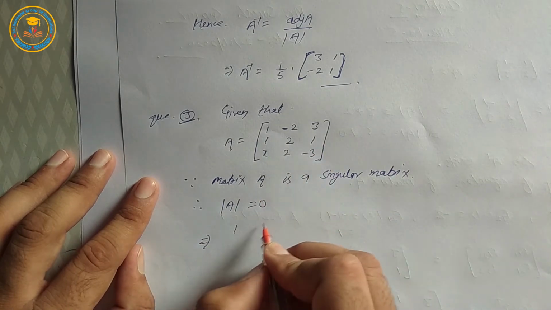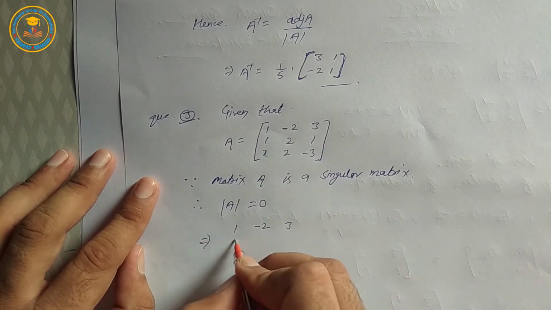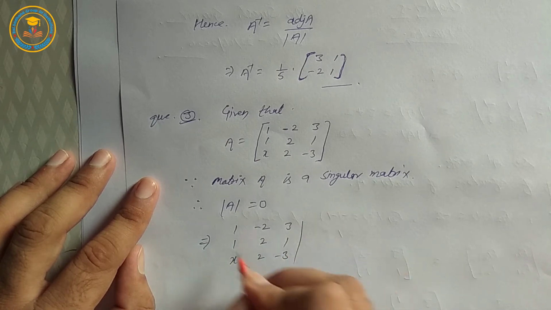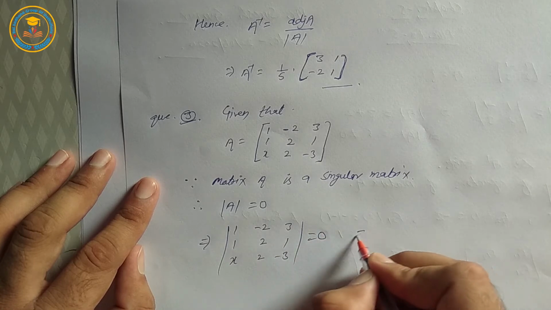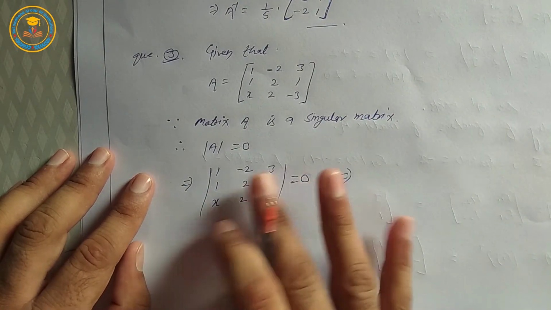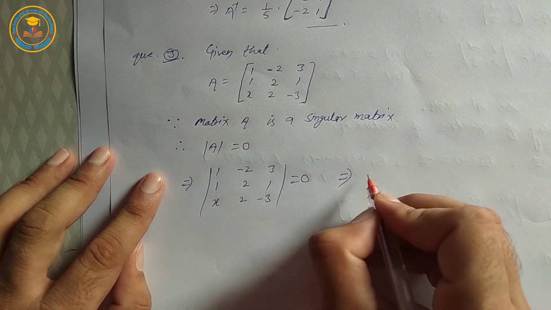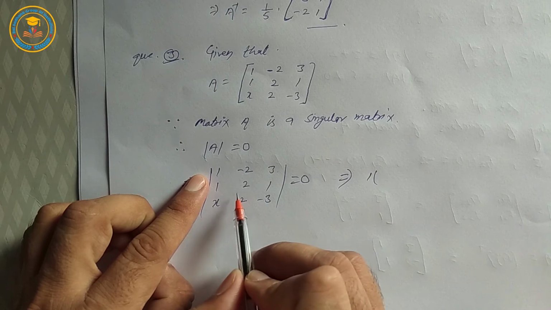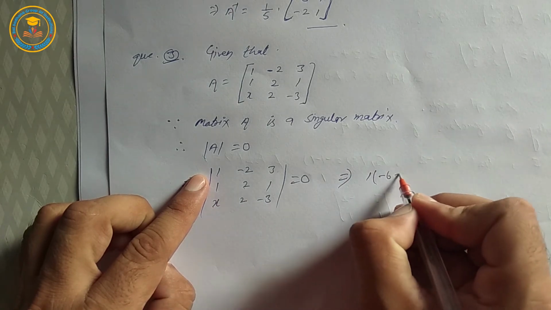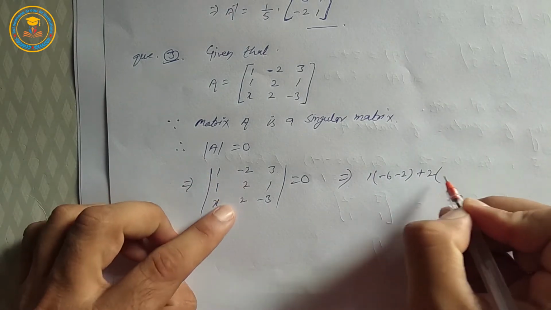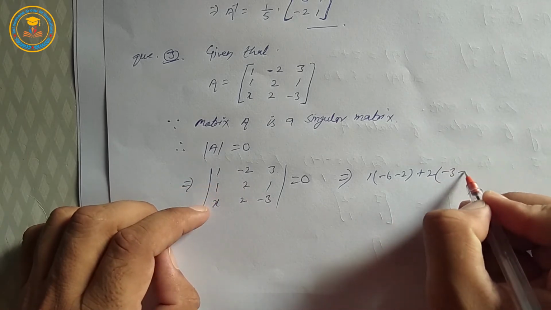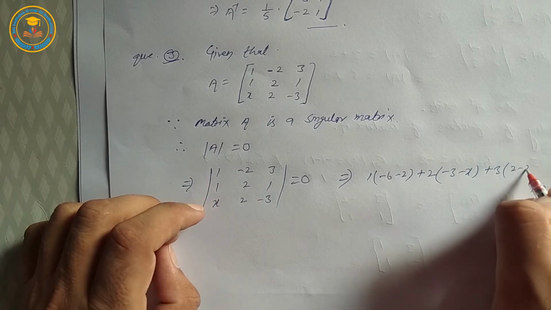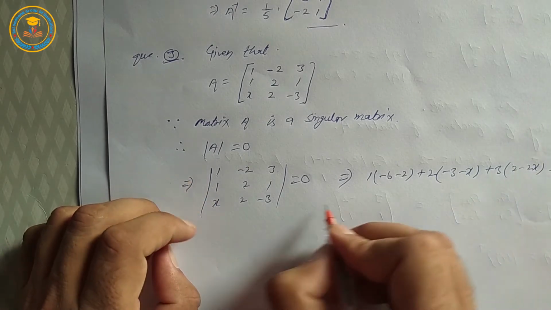Implies determinant of 1 -2 3; 1 2 1; x 2 -3 is equal to 0. On expanding along R1, element first 1, leaving the corresponding row and column: 2 into minus 3 minus 2, which is minus 6 minus 2, plus 2 into minus 3 minus x, plus 3 into 2 minus 2x is equal to 0.